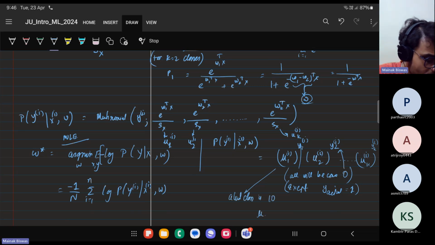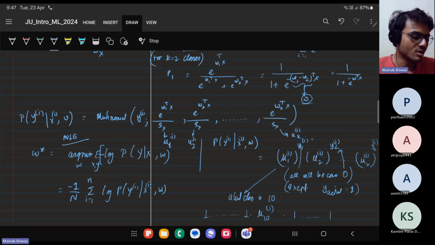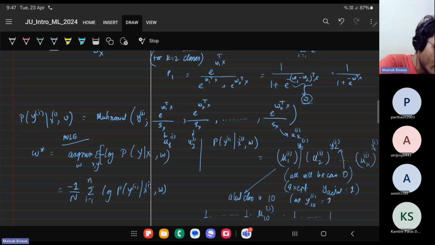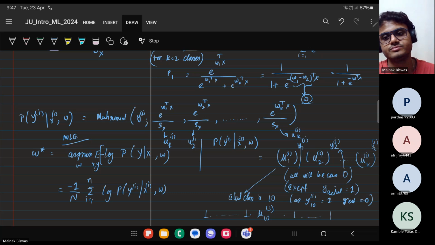So you will get mu i, mu 10 of i, into all the ones. Clear? Because all these numerators will become 0, as only y10 is equal to 1, the rest equal to 0. Agreed?